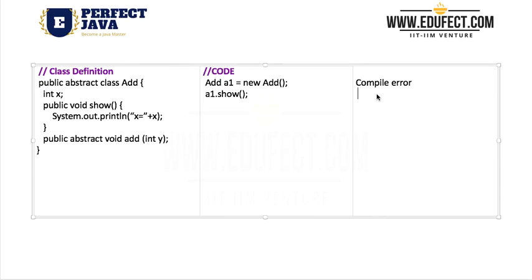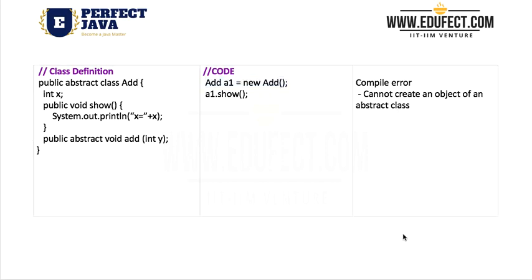Because as we studied, you cannot create an object of an abstract class. So add is an abstract class, and hence it will show this error.